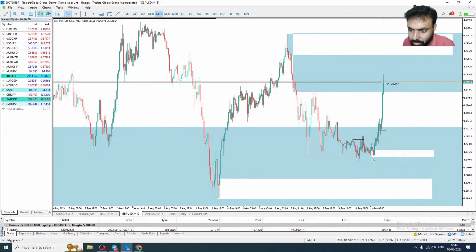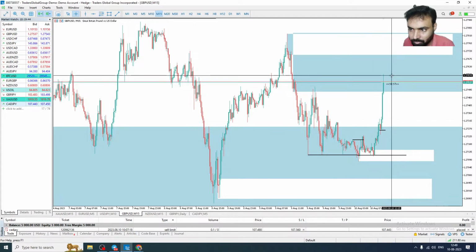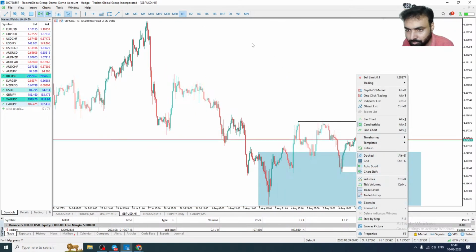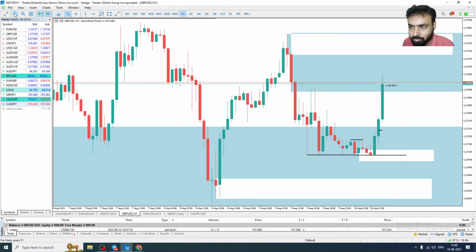And we can put stop loss below this. Reaction. From where it is reacting? Imbalance, this small imbalance. This imbalance it's reacting. But I'm looking for this one.